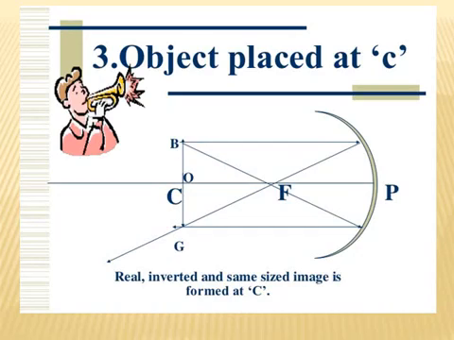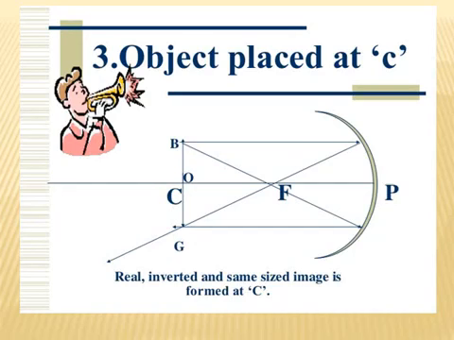The same two rays we have to draw. A ray from B should be parallel to the principal axis, and after reflection it will get reflected through the principal focus F. That is the first one.